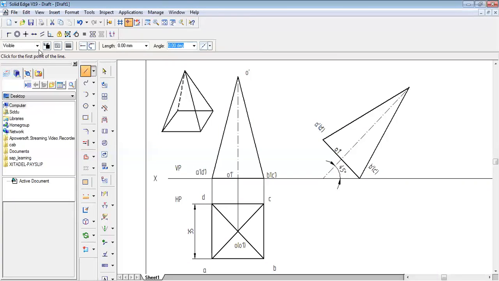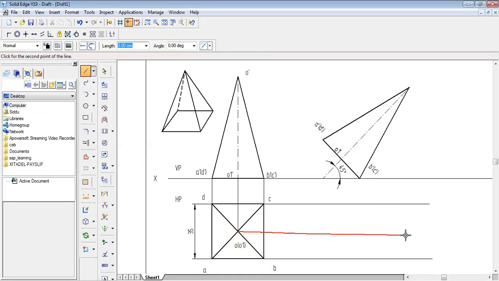So now as usual, draw all horizontal construction lines, vertical construction lines, all that. Okay. So now let us also draw all vertical construction lines. Okay.